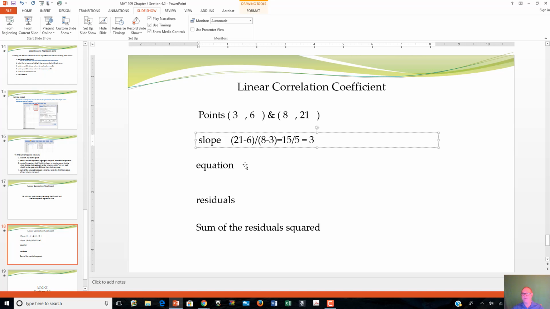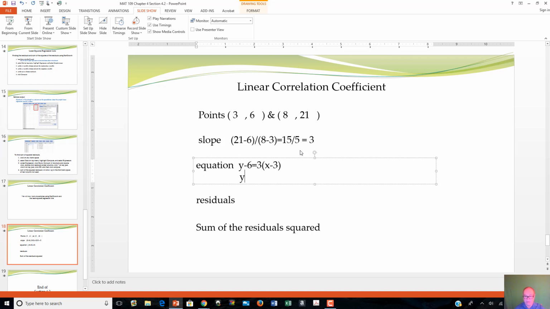Now for the equation, you're going to take y minus y1. So I'm going to take y minus 6 equals the slope, which is 3, times x minus x1, which is 3. Now I do the math.